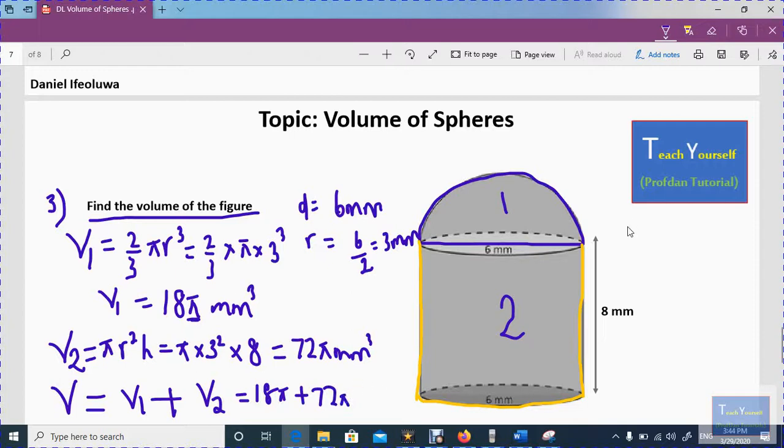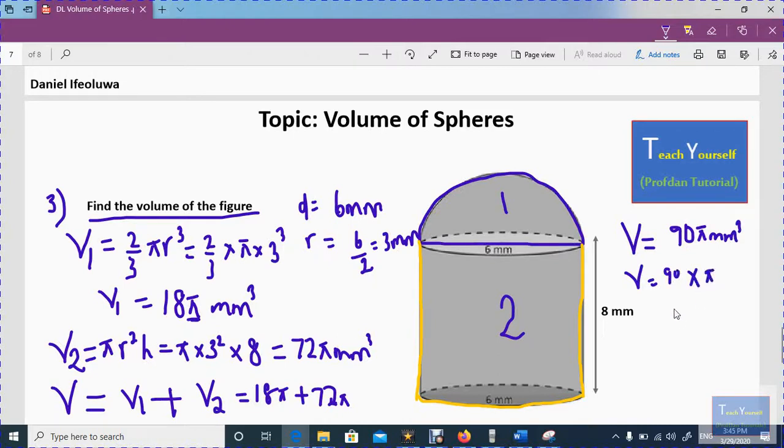And so your answer is 18 plus 72 will give you 90. So this is 90 pi. So in terms of pi, the volume of the figure is 90 pi millimeter cube, which can still be 90 times pi.